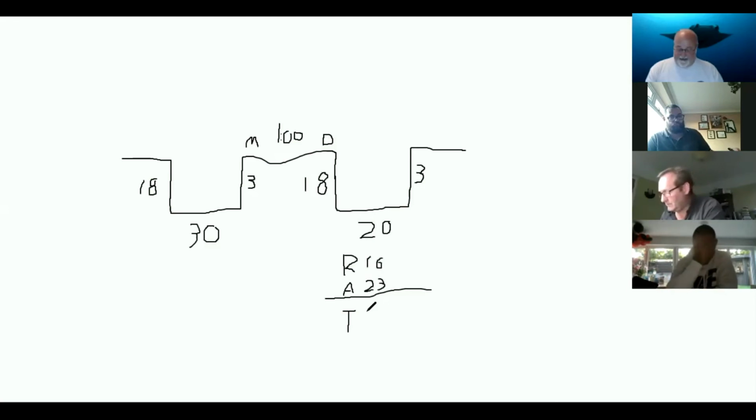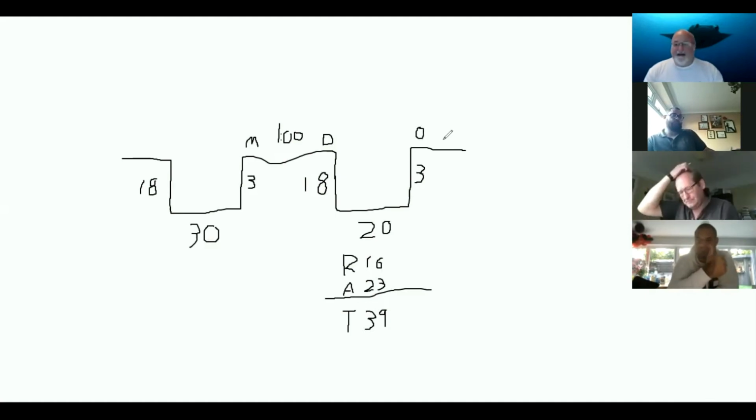Gives us a total of 39. 39 for 18 meters, spot on, that's an O. Everybody happy with that? All right, so we'll do one more just to make sure. I just did my math wrong, so I was 1 number off.